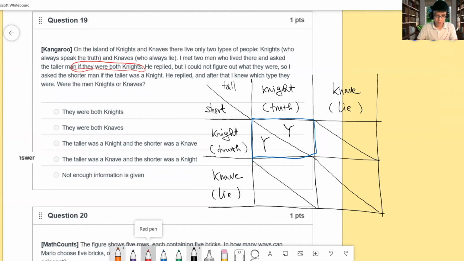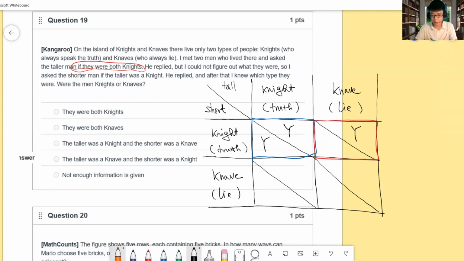Now suppose the taller one is a knave and the shorter one is a knight. That means the taller one tells lies, and the shorter one tells the truth. So for the first question, are you both knights? This is not true in fact, but because the taller one is a knave, he tells a lie. So his answer should be yes.